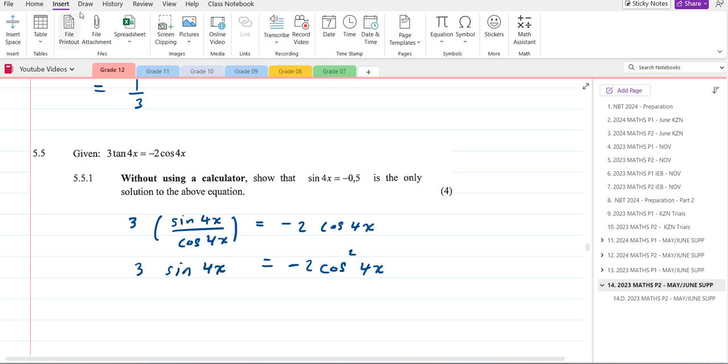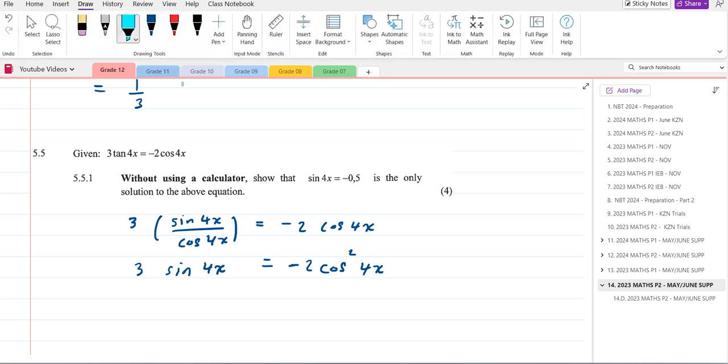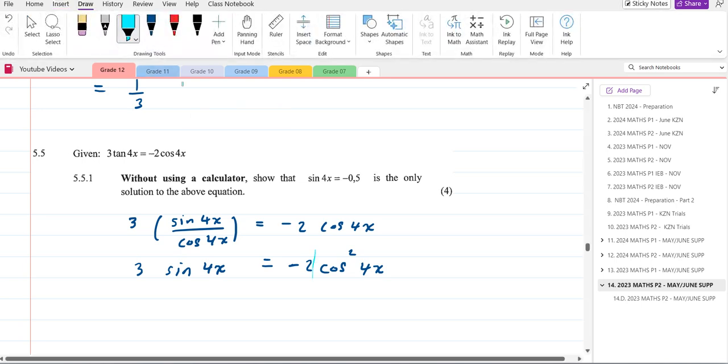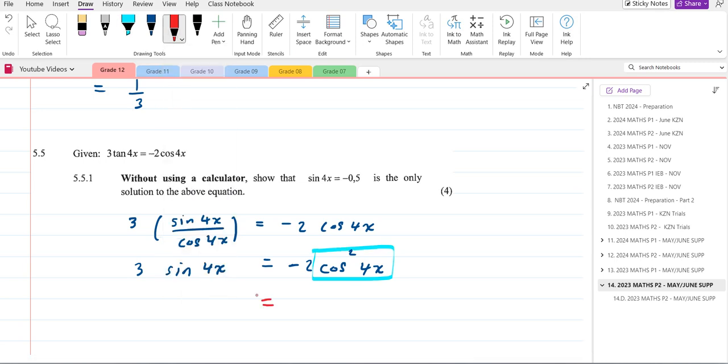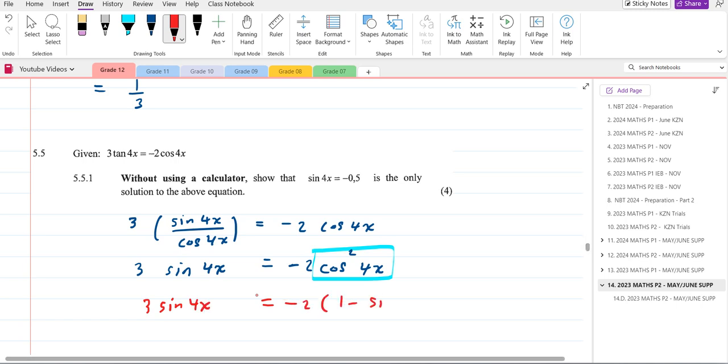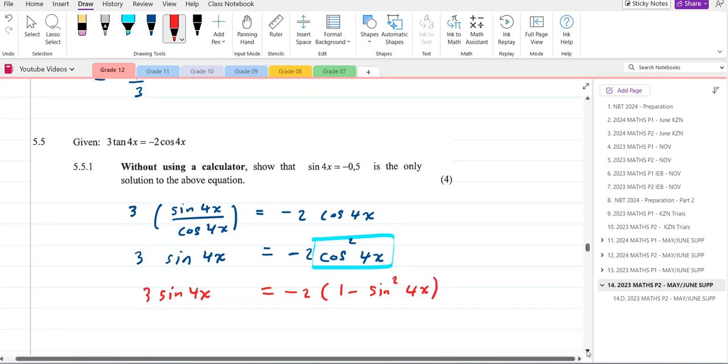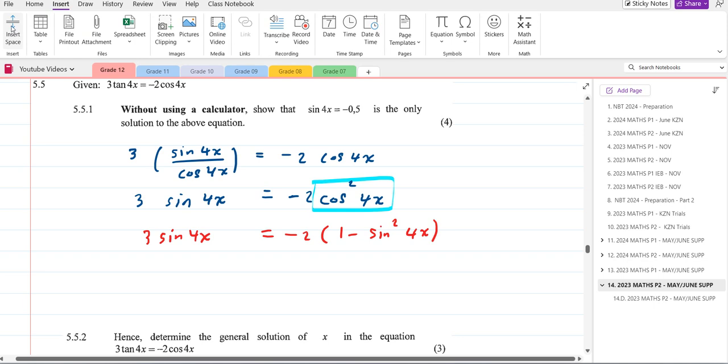Now what I'm going to do is, because I've got a cos and sine mixture, I'm going to replace the cos squared with 1 minus sine squared. 3 sine 4x equals negative 2 into 1 minus sine squared 4x. Right, so I'm going to expand this now on the right hand side.